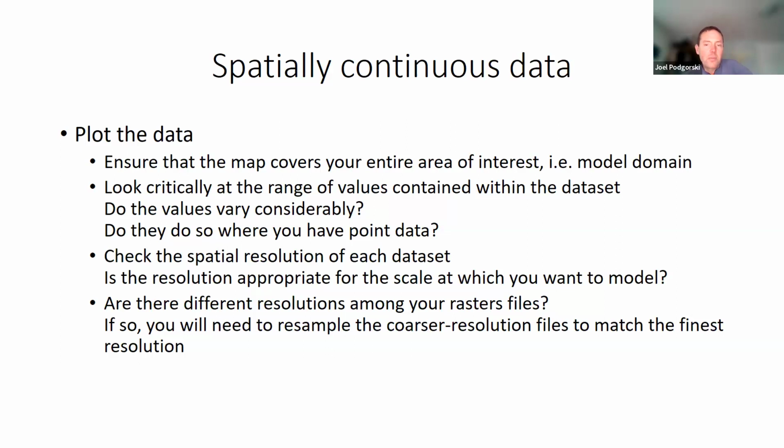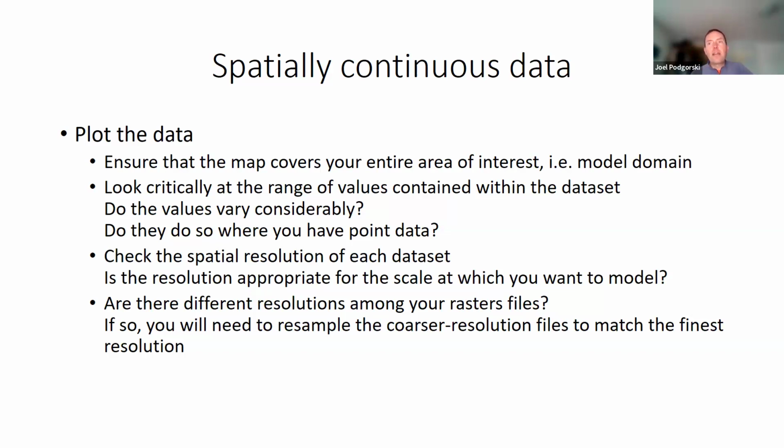Other different resolutions among your raster files. This is not a problem, but it's more just a practical consideration. It just means that before you can ultimately create a map, you will have to rescale or resample the coarser data sets to match the pixel resolution, the data resolution, of the finer data sets.